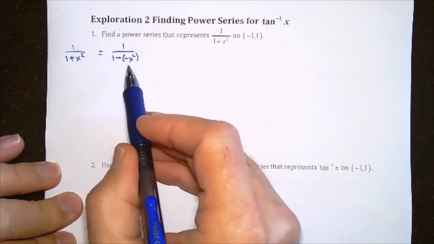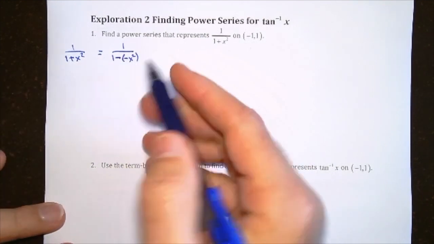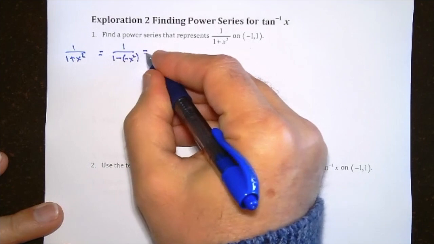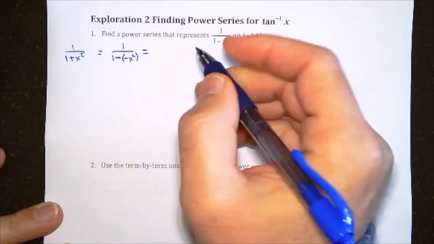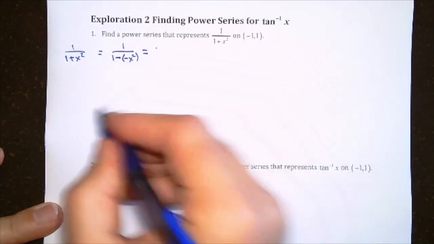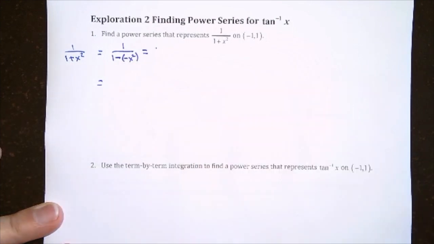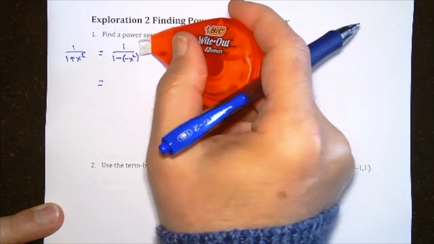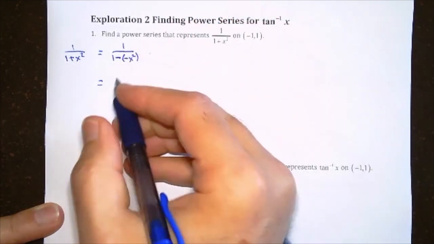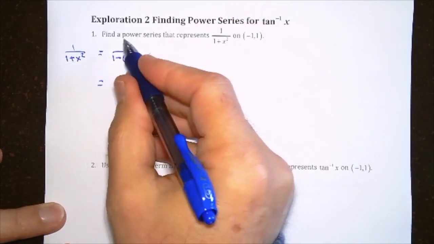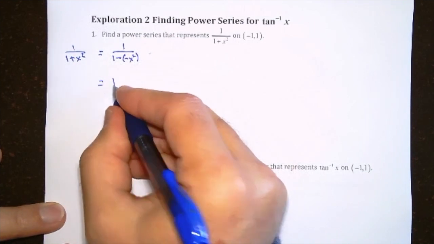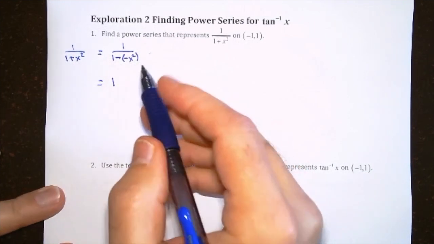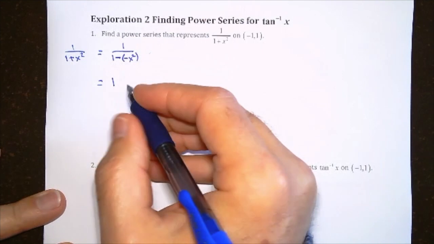Okay, so now we can see our r is this negative x squared. So this would be equivalent to, equals right here, this would be our first term, which is this numerator, 1. And then what I'm going to be multiplying by is this negative x squared.